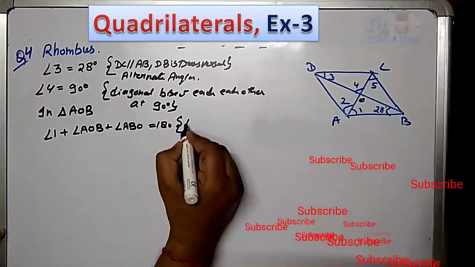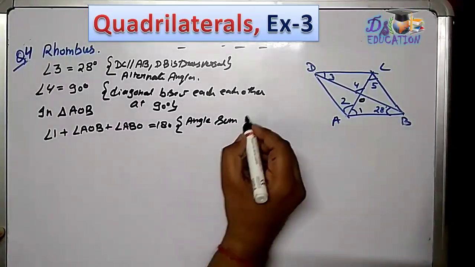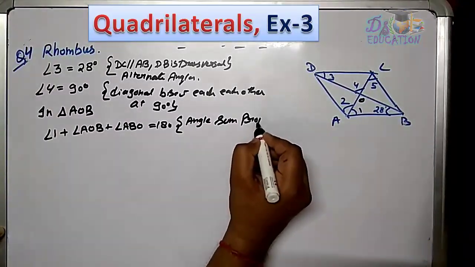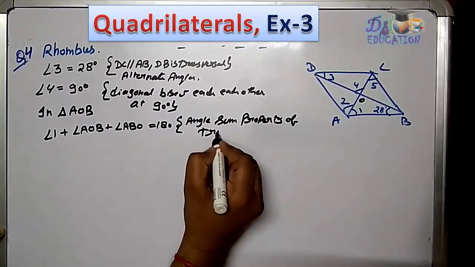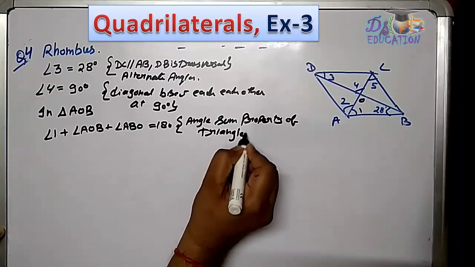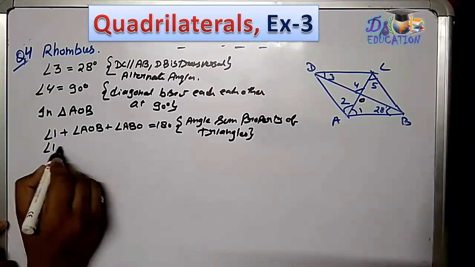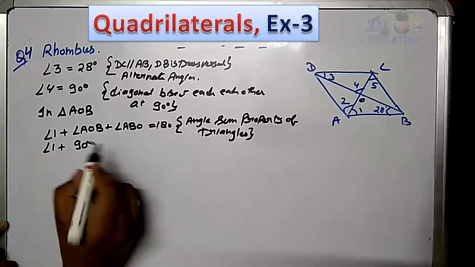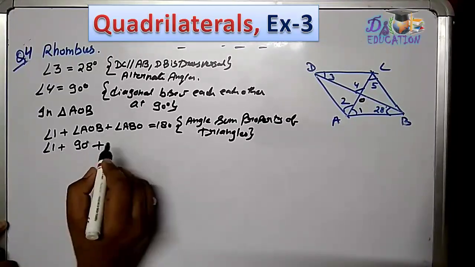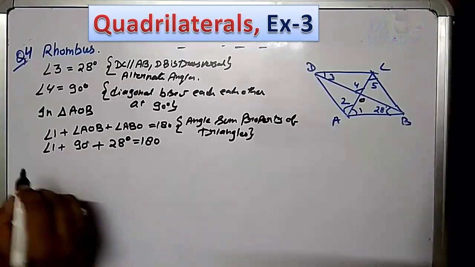What will we apply here? Angle sum property of triangles. Students, the sum of all three angles is equal to 180 degree. So angle 1 plus 90 degree plus 28 degree is equal to 180.